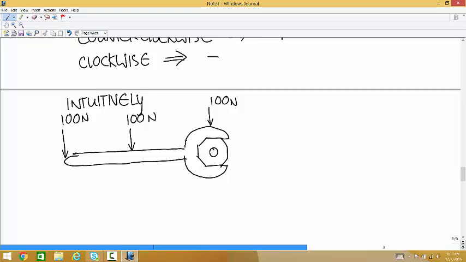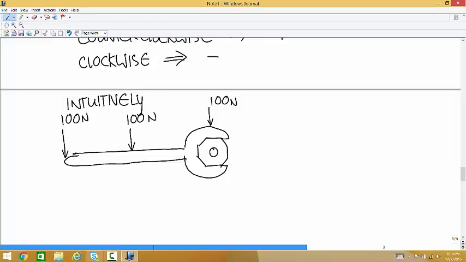Your best chance of turning that bolt is to get the force as far away from the axis of rotation as possible. No matter what force you apply, 1,000,000 newtons or whatever, if you apply it right over the axis of rotation, it'll never turn. All that'll happen is eventually the bolt will just strip, just rip right off the wall.